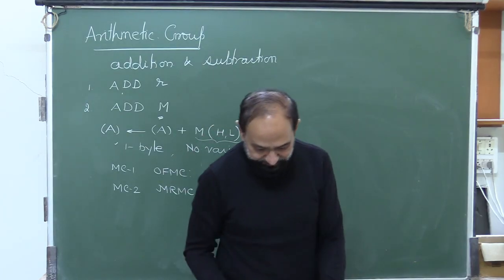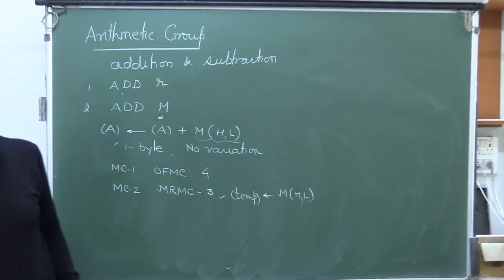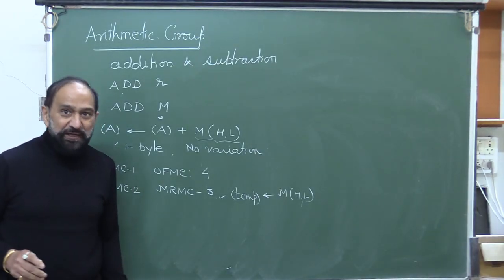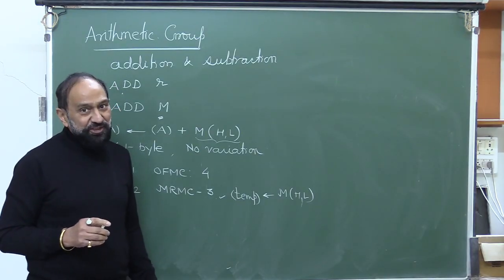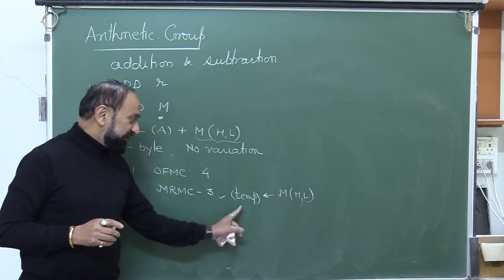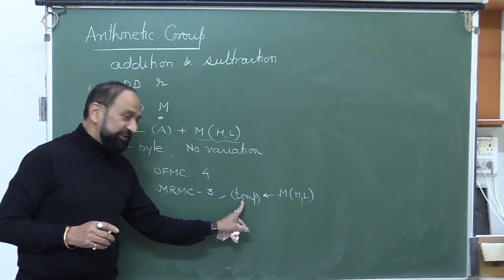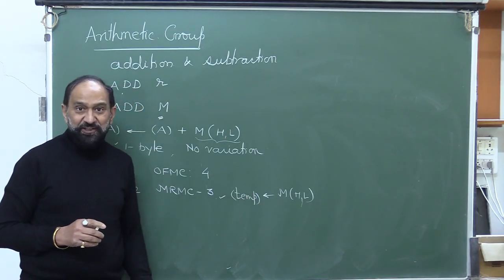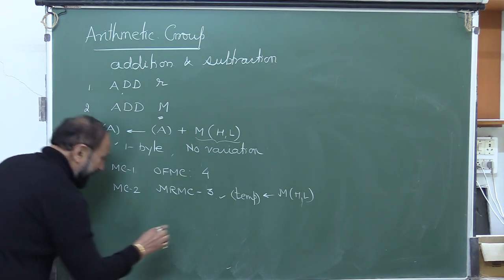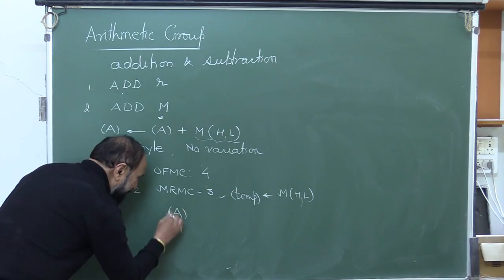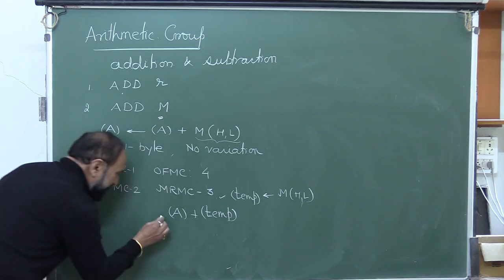In T1 state, HL register pair outputs the address. In T2, read bar becomes low and external memory puts the data on data bus. In T3, when read bar goes high, data from that data bus is moved to temporary. And now execution takes place. For execution, accumulator is having one data, second data is in temporary register.